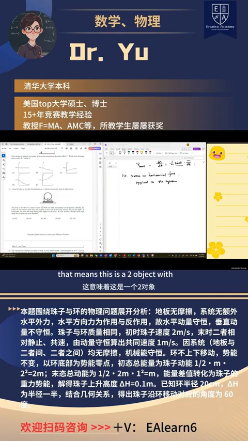That means this is a two-object system with horizontal forces being action and reaction. Remember how we derived the conservation of linear momentum?